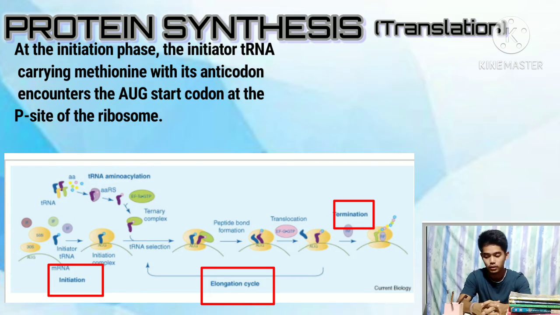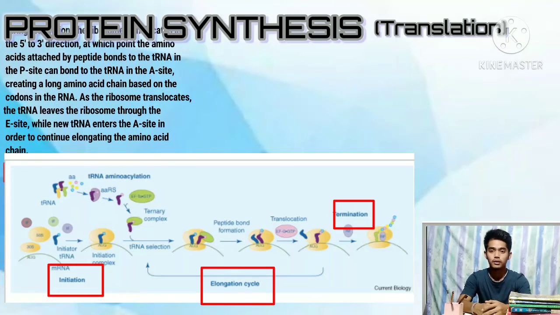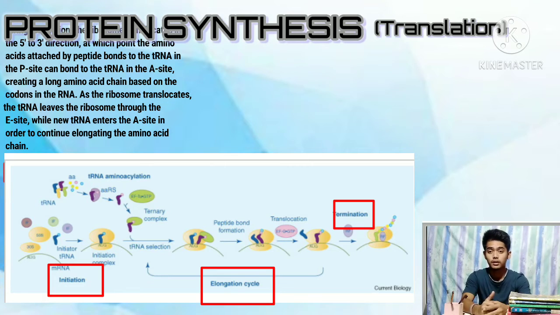Remember that in the initiation phase, the initiator tRNA carrying methionine, with its anticodon, encounters the AUG start codon at the P site of the ribosome. During elongation, the ribosome translocates in the 5' to 3' direction, at which point the amino acids attached by peptide bonds to the tRNA in the P site can be bound to the tRNA in the A site, creating a long amino acid chain based on the codons in the mRNA.